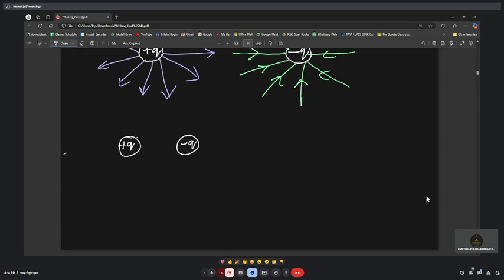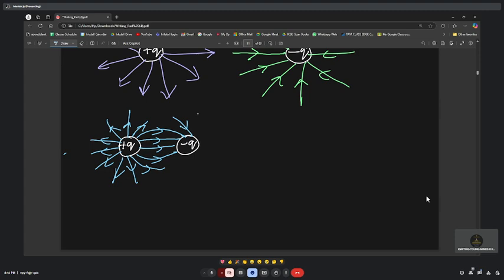The lines are always directed from the positive towards the negative charge. So like this. From the positive, it's radially outward, and it moves towards the negative charge.